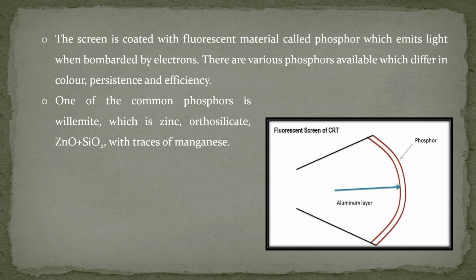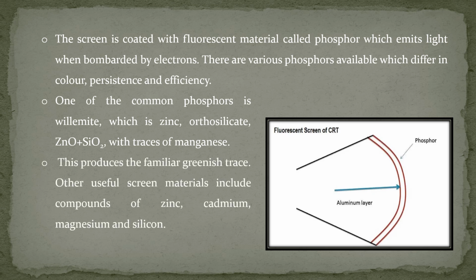One of the common phosphors is willemite, which is zinc orthosilicate with traces of manganese. This produces the familiar greenish trace. Other useful screen materials include compounds of zinc, cadmium, magnesium, and silicon.